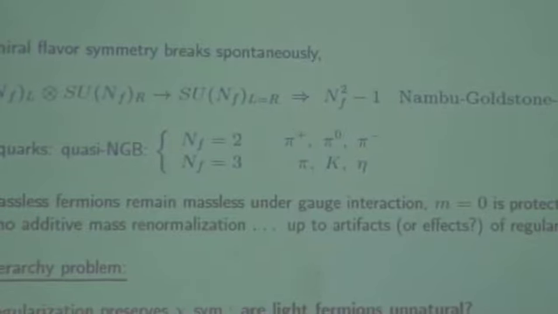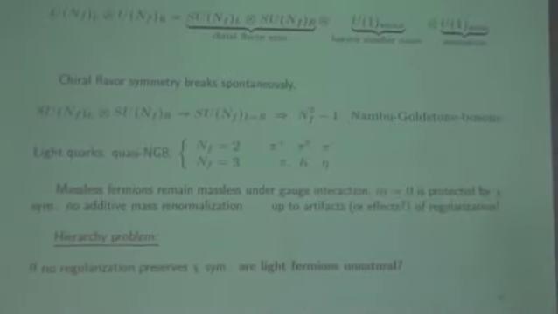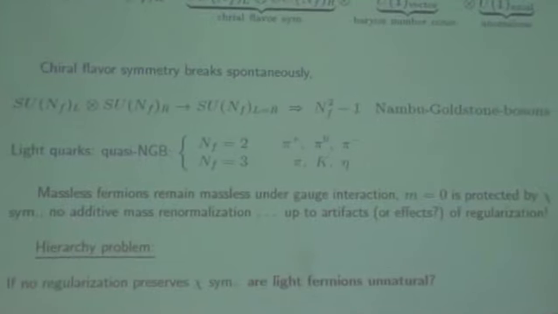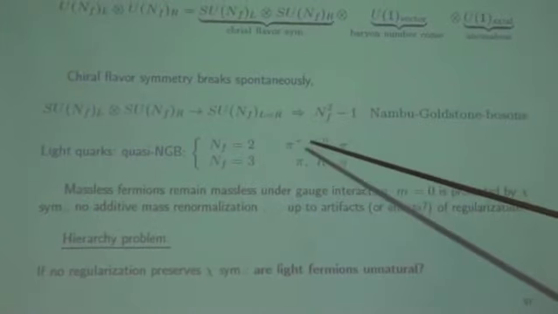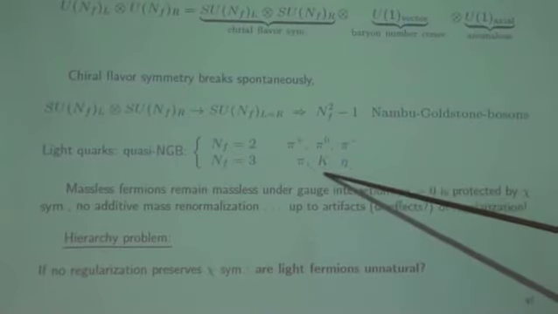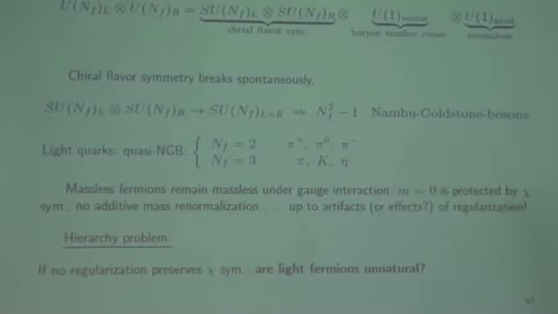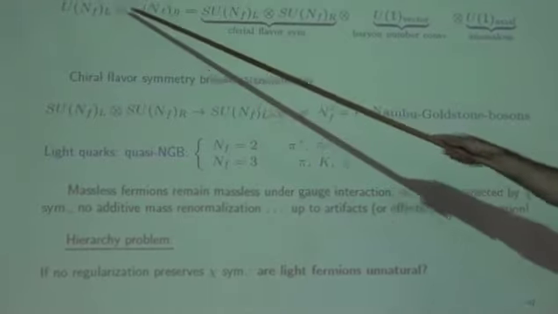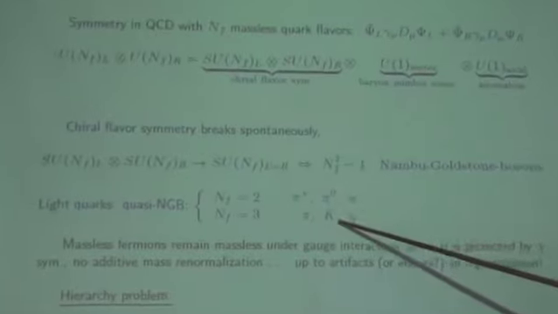And if you are a bit more daring and also include the strange quark as quasi-massless, then we get an octet, 9 minus 1, which is the pion triplet, the 4 kaons and the eta particle. So in the beginning people thought about this symmetry, and then this number here should be 4 and 9.